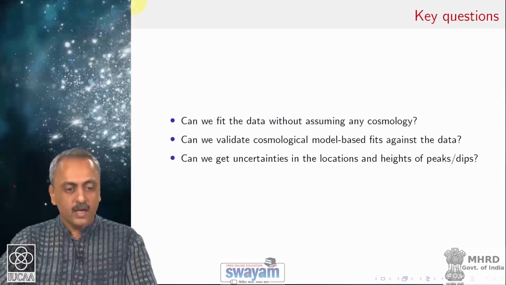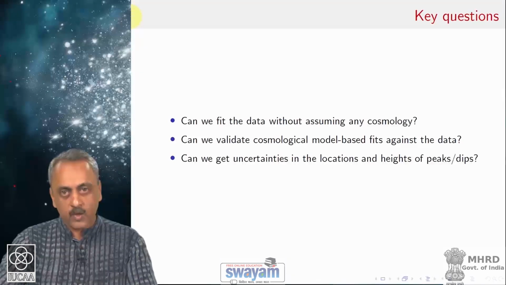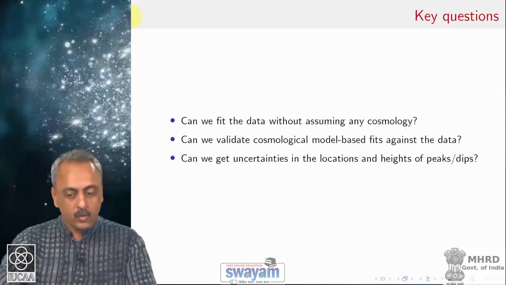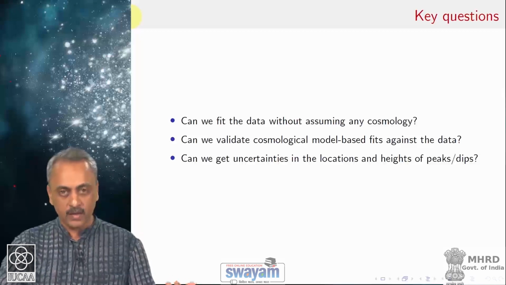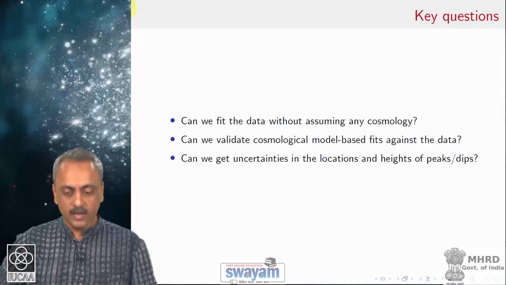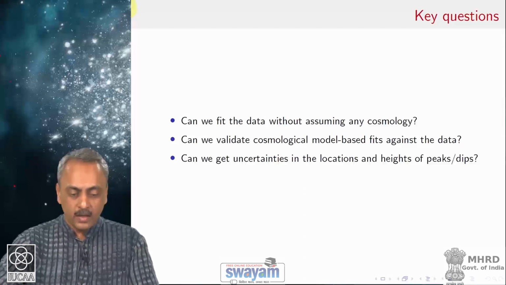Another question is, there are competing cosmological models. So, can we rule out one in favor of another? We will refine these questions later on and give a background on these things.